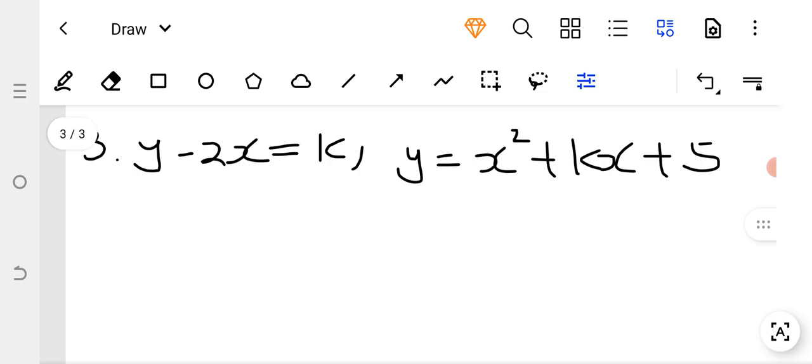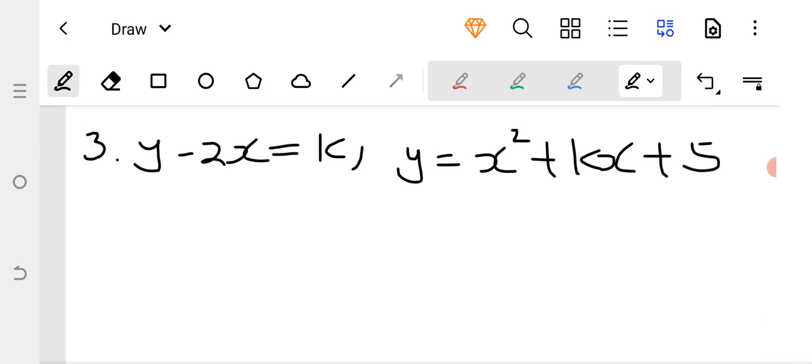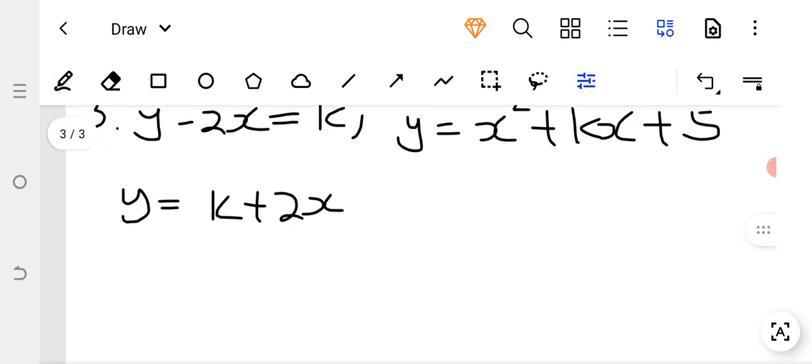Since you can see in both equations that there is y, from this equation I'm going to make y the subject. I'm going to say y is equal to k plus 2x. So I've made y the subject of the equation.